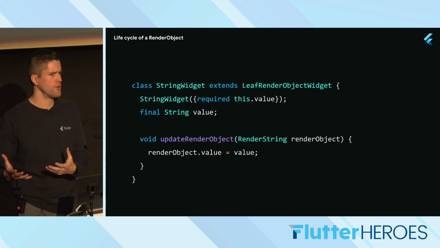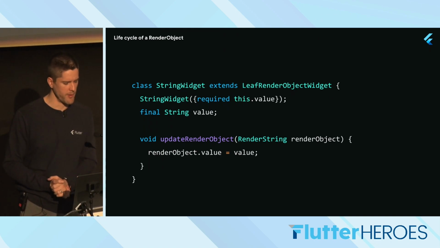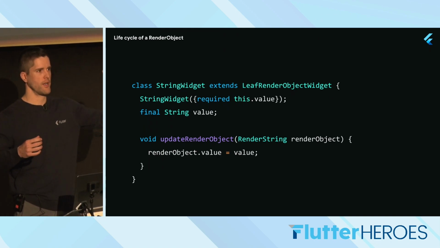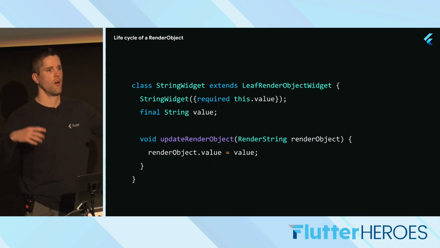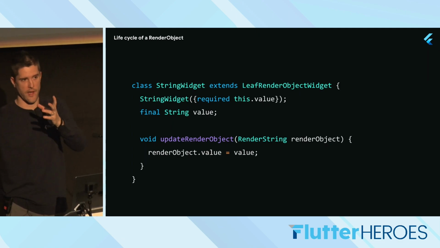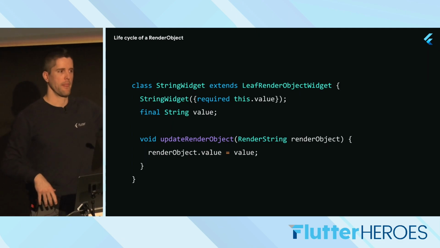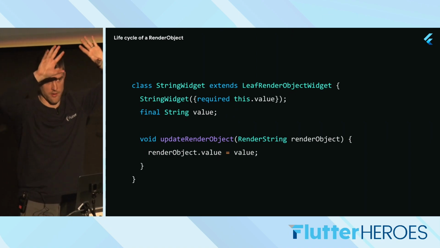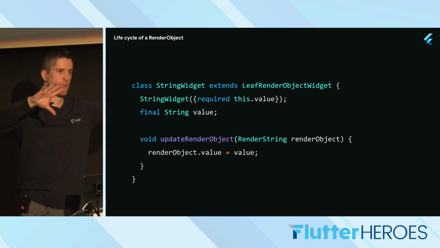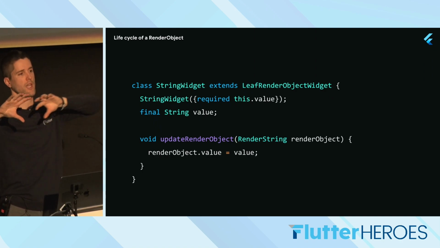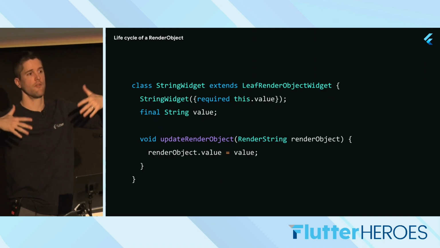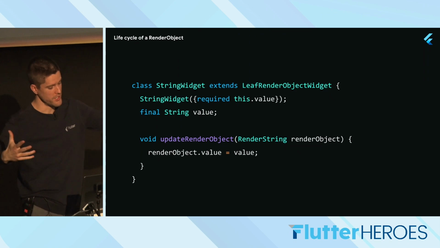Okay, and then what code triggers this magic setter that we've been looking at? Well, remember, you have render objects, and they're long-lived, but widgets are coming and going every frame if something is different. Let's say you've got a new widget with some value, because you called set state somewhere. The long-lived render object is sitting there. The element tree is conducting all of this, of course, and the new widget is plopped in, and then the element tree passes that render object into the update render object method of the new render object widget.